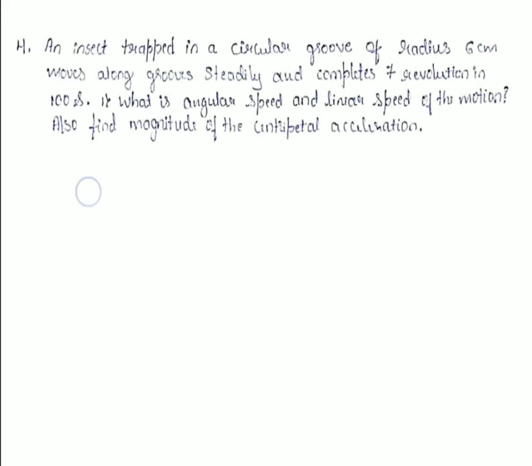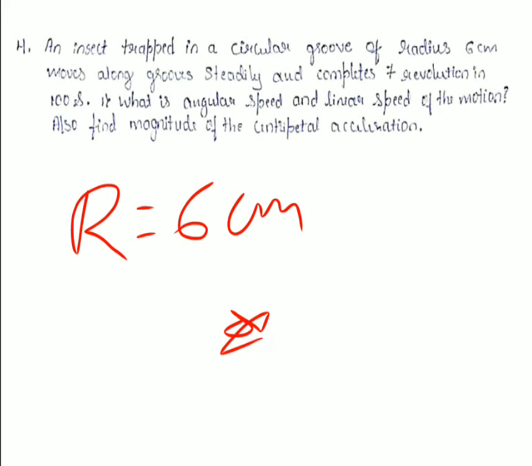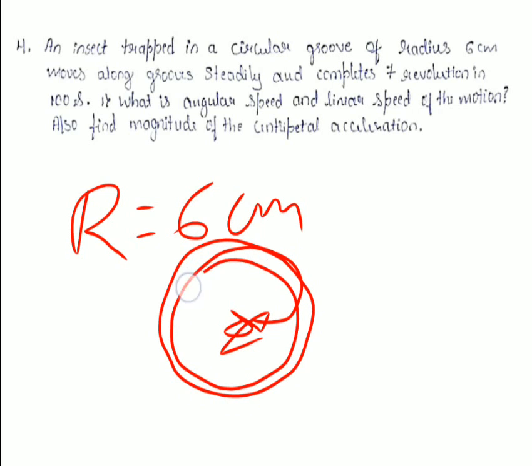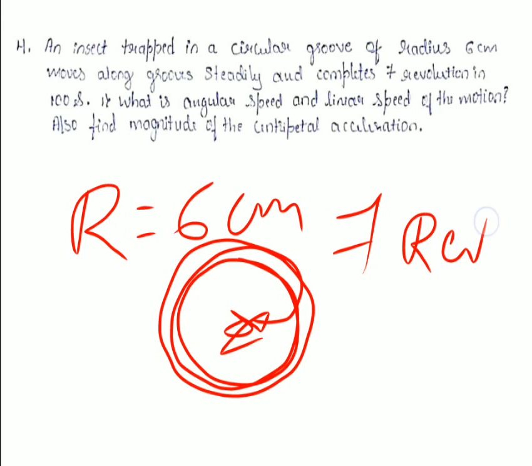In the problem, the value of R is given, 6 cm. The insect trapped here moves in a groove and completes 7 revolutions in 100 seconds.